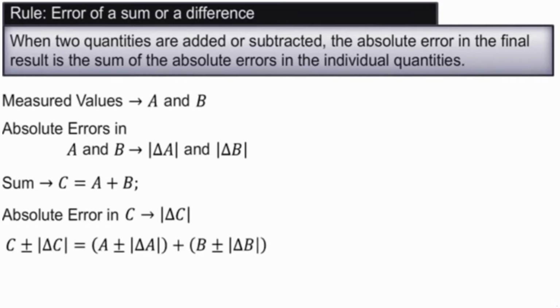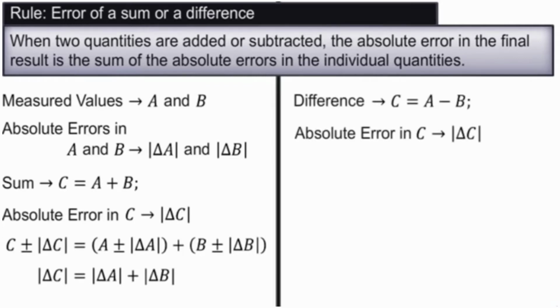If you cancel out C and A plus B, you will be left with delta C equal to delta A plus delta B, meaning the error in the final quantity is equal to the sum of the errors in the individual quantities.